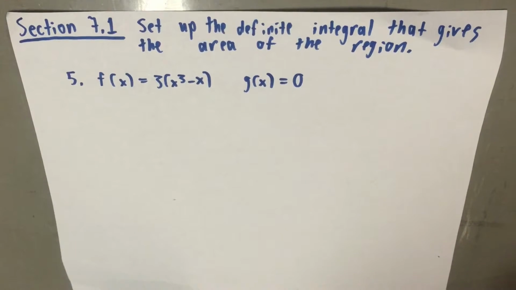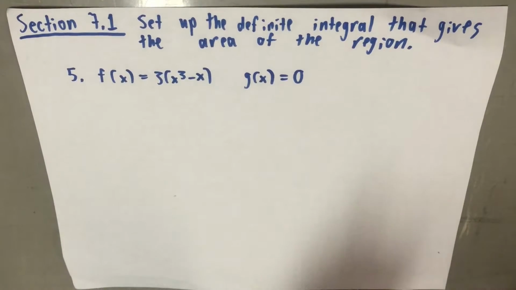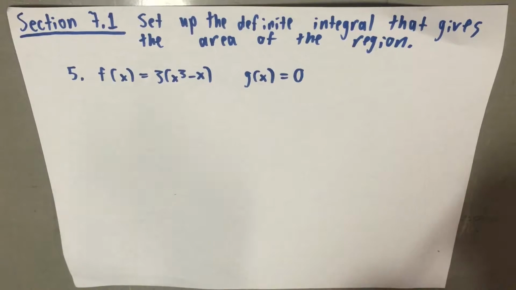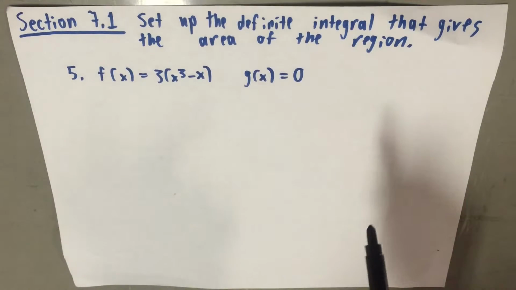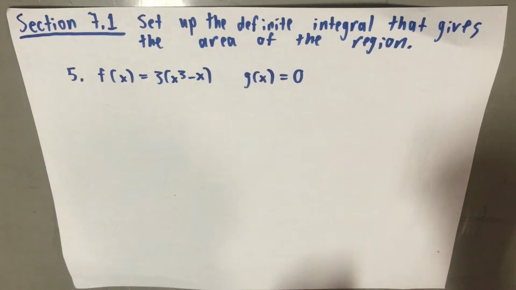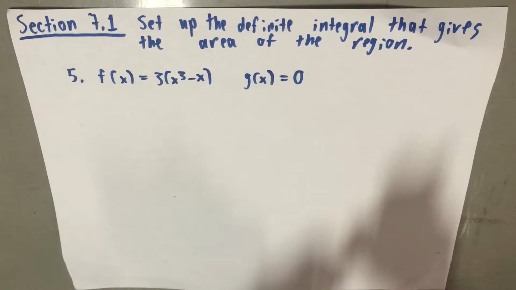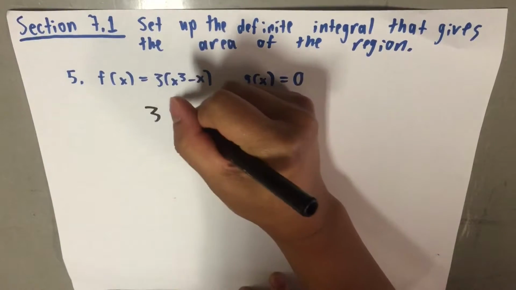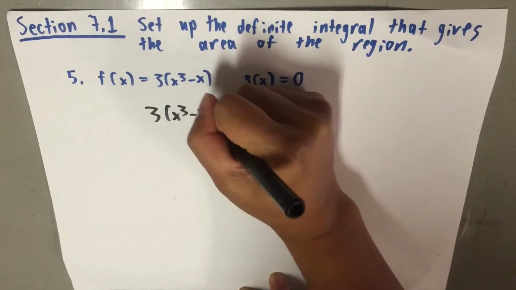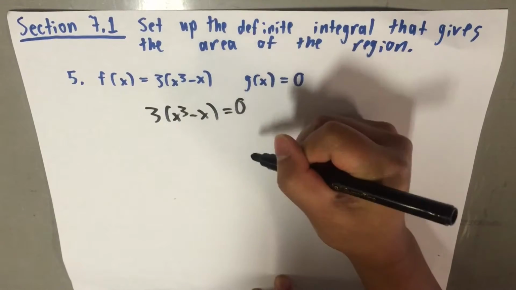Another section you guys can check out is 7.1, and the problem that we're going to be doing is number 5. So set up the definite integral that gives the area of the region, and they give us two functions that we want to set equal to each other. So 3 times x to the third minus x equals 0.